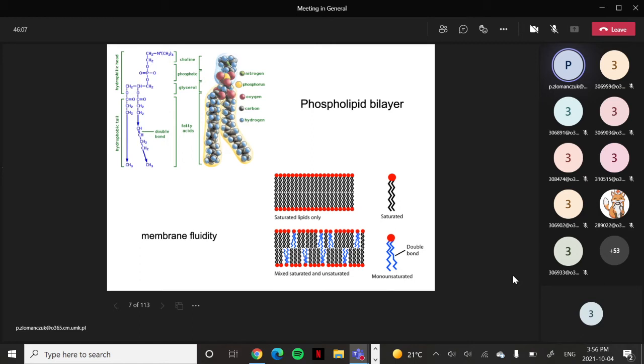So when you change the level of membrane fluidity in a way that is not physiologically controlled, you will see those effects. It is believed that some anesthetic substances, especially the ones which are inhaled, are also acting by modifying membrane fluidity.